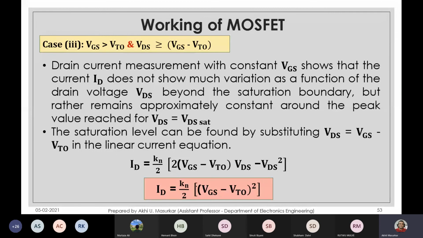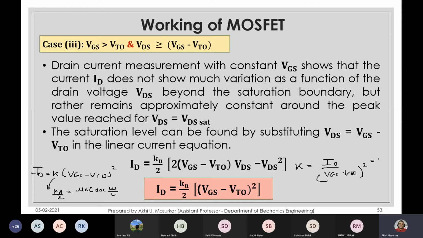You must have done this equation. ID is equal to K into VGS minus VTO the whole square, where K is actually Kn by 2, that is mu n Cox W by L. The unit of K is obviously ID upon VGS minus VTO the whole square.